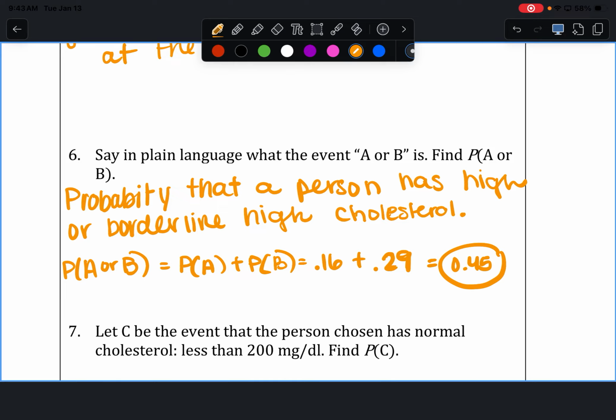Then it says, let C be the event that a person has normal cholesterol. If it's normal, that means it's not high and it's not borderline.